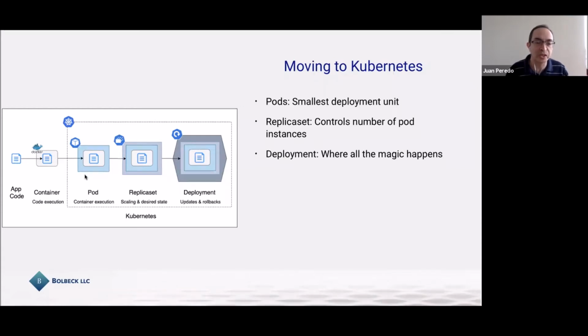And that pod is in charge of running your container, which is in charge in turn to run your code. Then that's wrapped inside of a replica set, which is in charge of scaling, making sure that you have the correct number of instances running, and making sure that your application is running in a way that's healthy. And finally, that's in turn wrapped into a deployment, which is in charge of running any updates and rollbacks to your code.